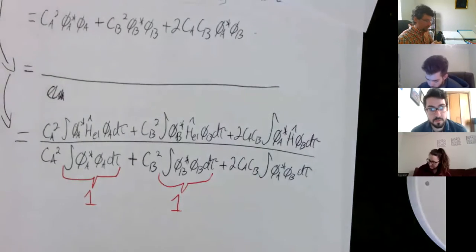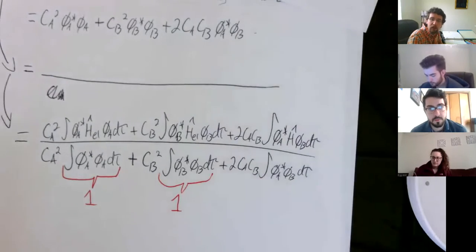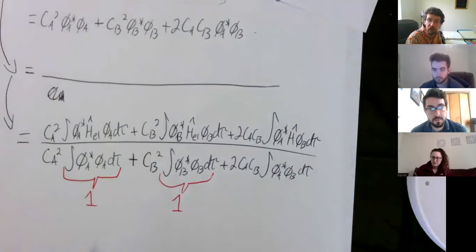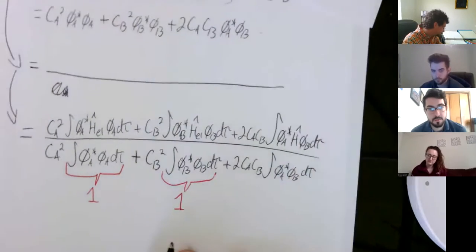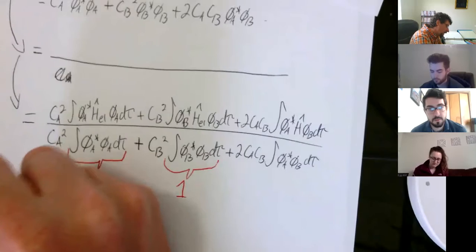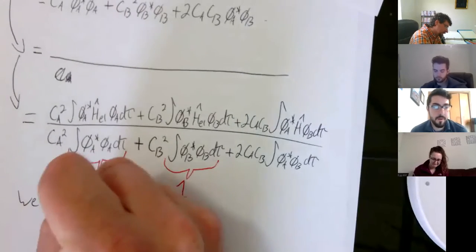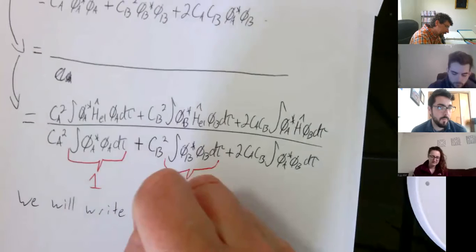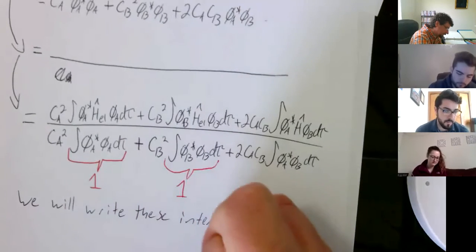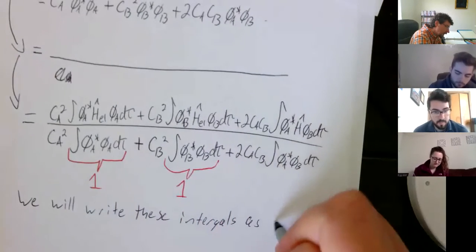Okay. So instead of writing this thing out 10 million times again, we're going to come up with a shorthand on how to express this portion. So we will write these integrals as shorthand.